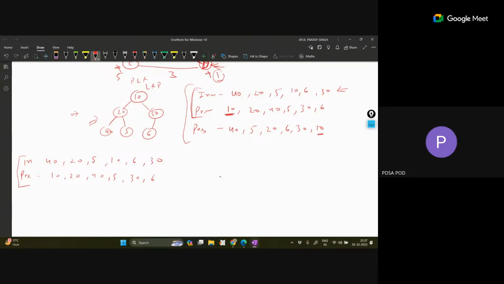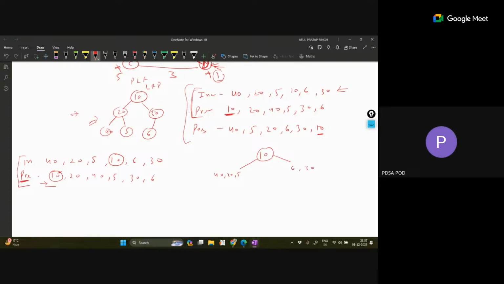We look at the pre-order, because we know the first node is the root node. So we create this 10 as the root. After that we look at the position of 10 in the in-order. All nodes coming on the left will always be on the left side, so I write the sequence here: 20 and 5. Those coming on the right, I write on the right: 6 and 30, in the same order.